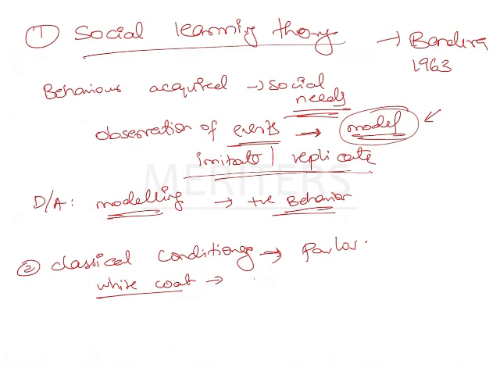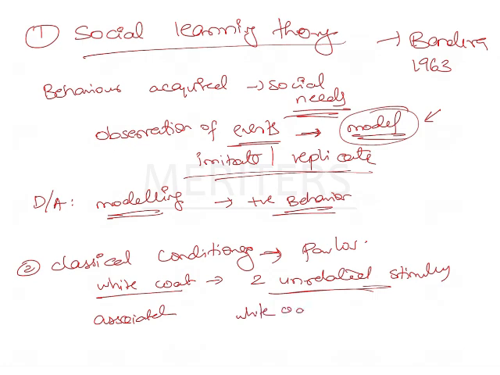It tries to explain that when there are two unrelated stimuli, how they become associated with each other. So if you see, white coat and pain, they are unrelated stimuli. However, a child associates these two events together.